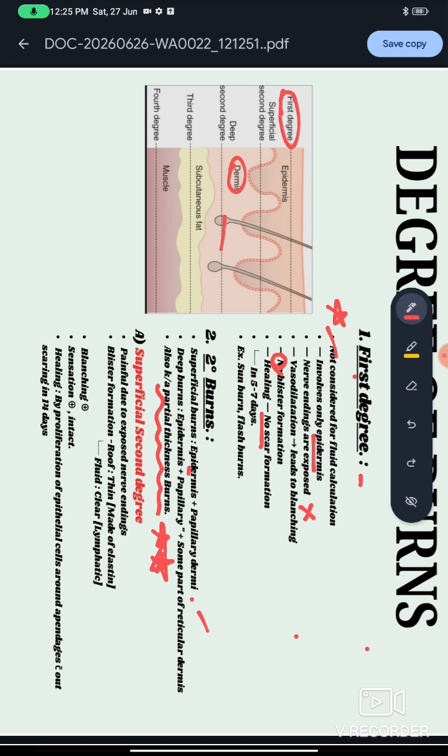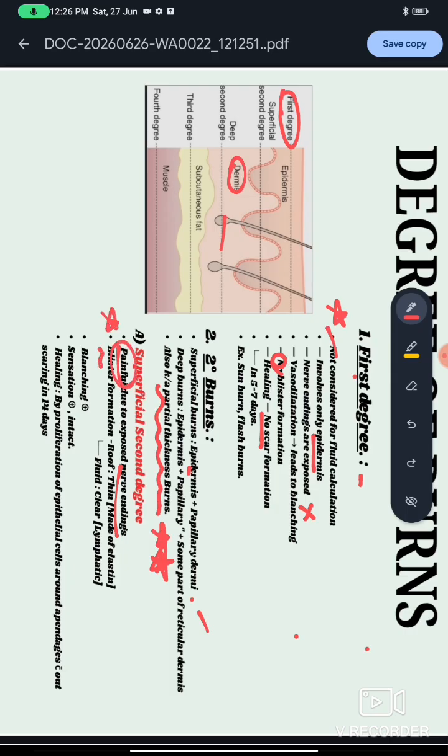So, superficial second degree burns. As you remember, I told in the previous slide that dermis is the part of the skin that contains the nerve endings. So, during the superficial second degree burn, the nerve endings are exposed. This leads to pain, so these burns are painful.